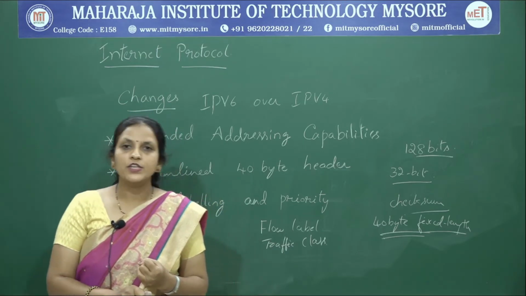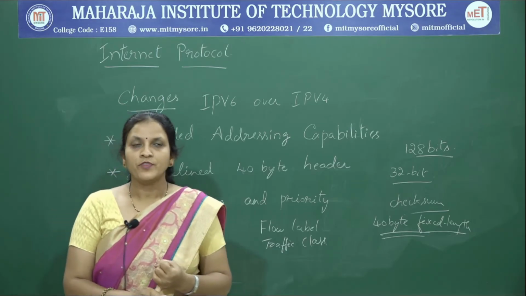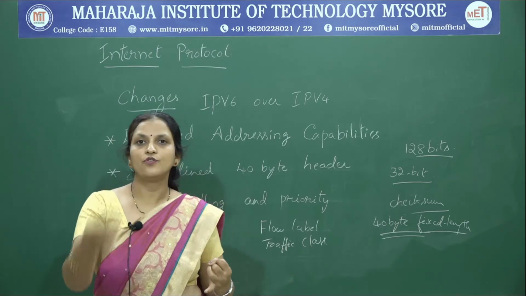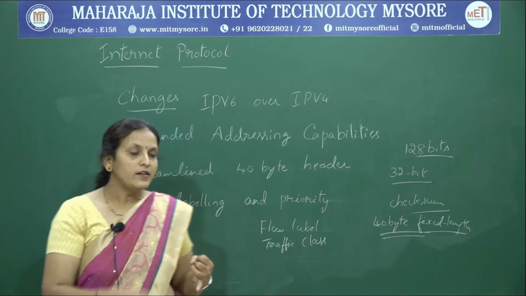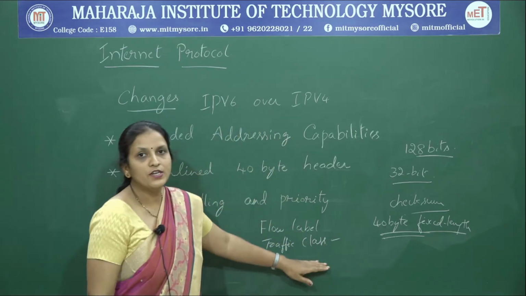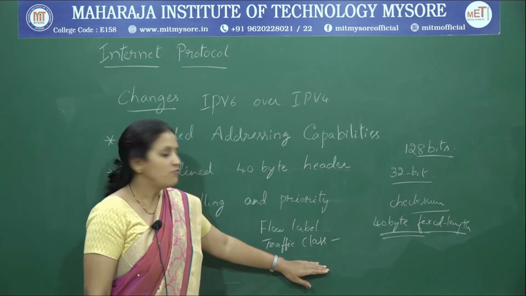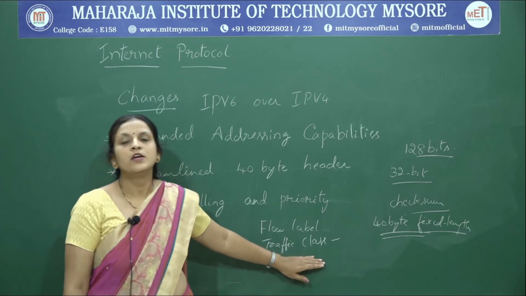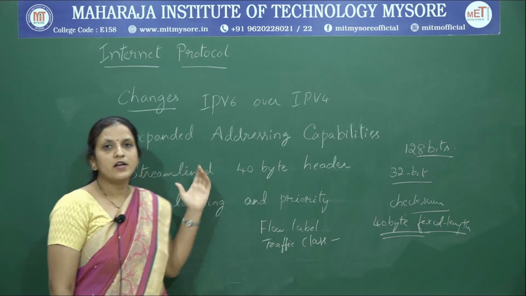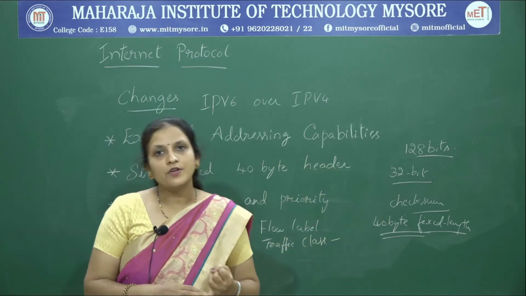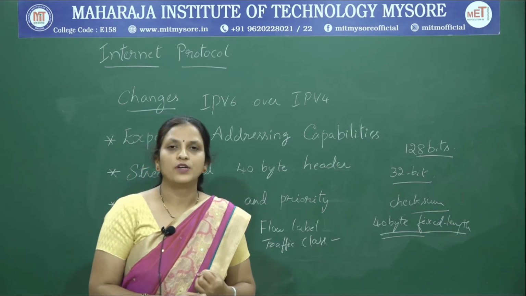In such a case, we need to prioritize the datagrams: which datagram has to reach the destination first, and which should follow next. That can be done with the help of traffic class. Using the traffic class field in the IPv6 datagram, we can specify the priority with which that particular datagram is transmitted from sender to receiver. Or for example, we might have several applications running on the network.